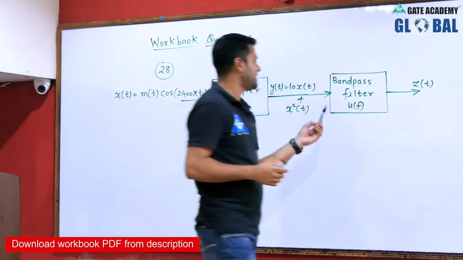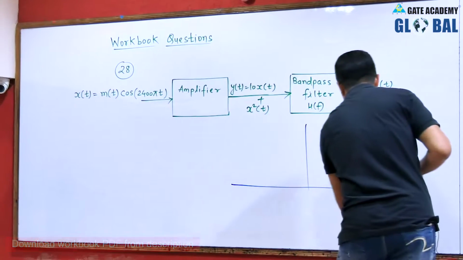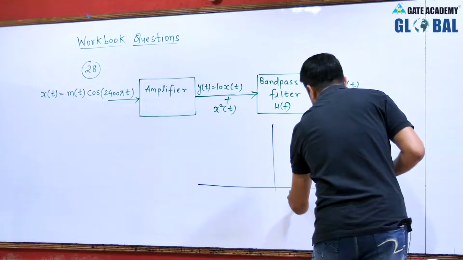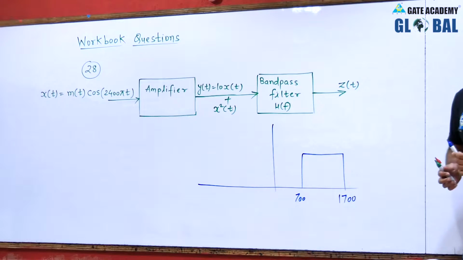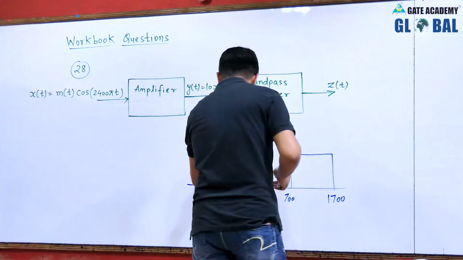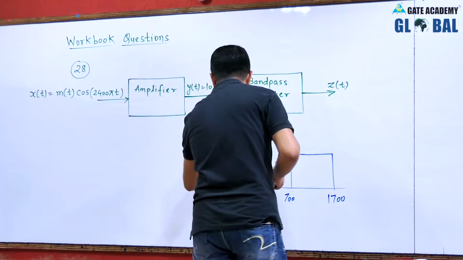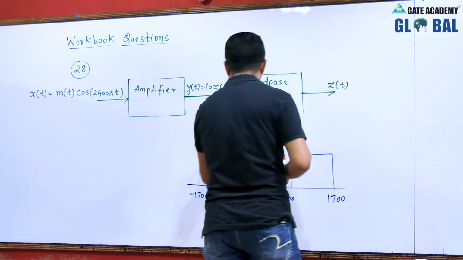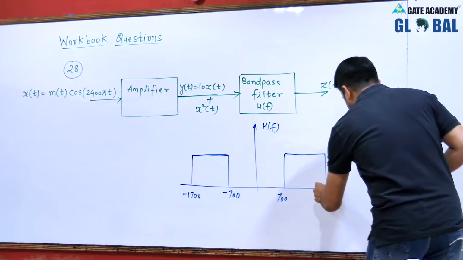The response of this band pass filter ranges from 700 to 1700. It means that it will pass the signal which lies in this range, 700 to 1700. The negative side of the filter can also be drawn, which is nothing but the mirror image of the positive side.